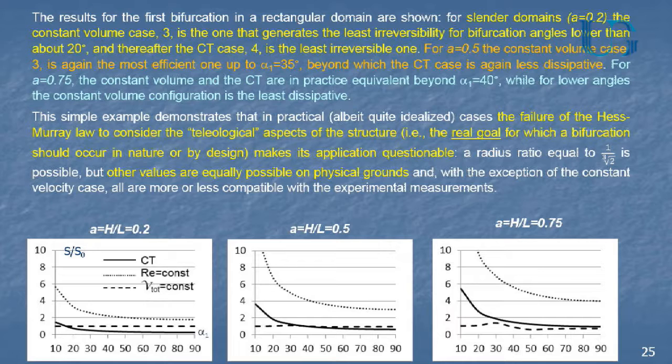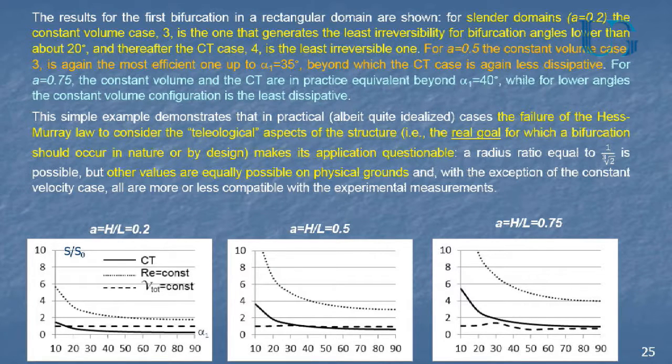Now, for slimmer domains, the constructal theory is the best, that is the least irreversible, beyond 15 degrees of splitting angle. For wider domains, 0.5, they are wide, half as they are tall, the constructal becomes the best one after about 45, 50 degrees of splitting angle.